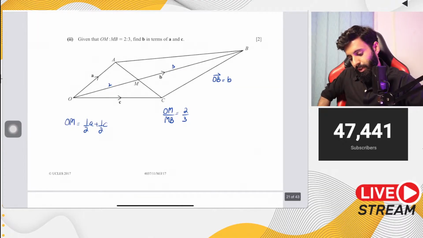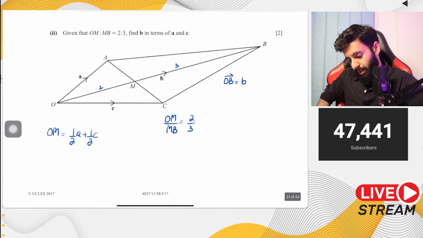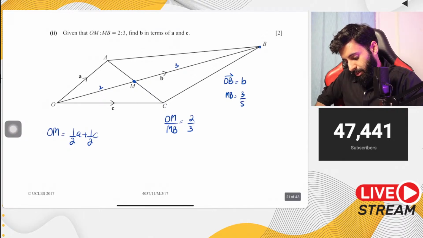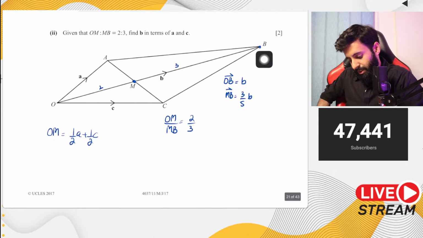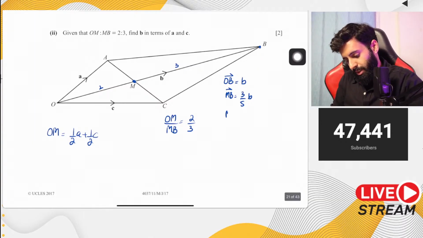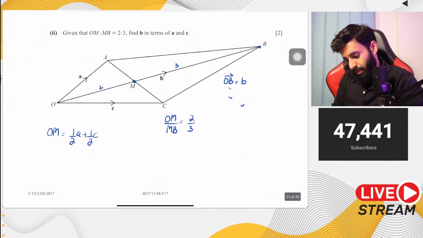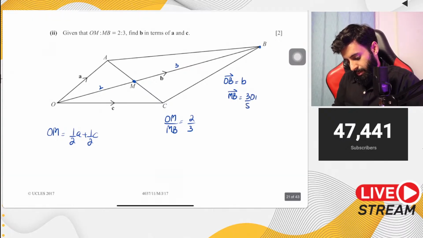Now what is MB going to be equal to? Since MB is 3 parts and the entire OB is 5 parts, MB is going to be equal to 3/5 of OB, which means MB is 3/5 of B.